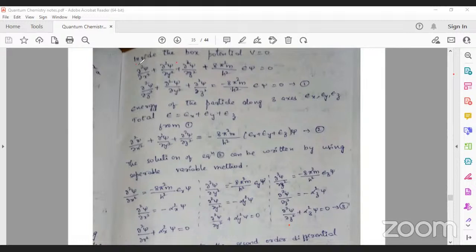Inside the box, the potential V becomes 0. So that is why (E minus V) into psi means only E psi, because V is equal to 0.